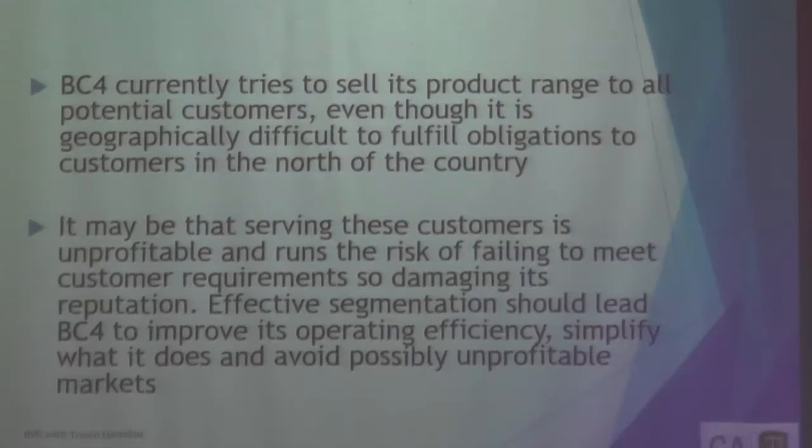You're running at a loss if you're trying to sell it to this. You look at your advertising cost, and if you take it region wise, no point, you're not making anything because you can't sell it to the north. Effective segmentation should lead BC4 to improve its operating efficiency, simplify what it does and avoid possible unprofitable markets.